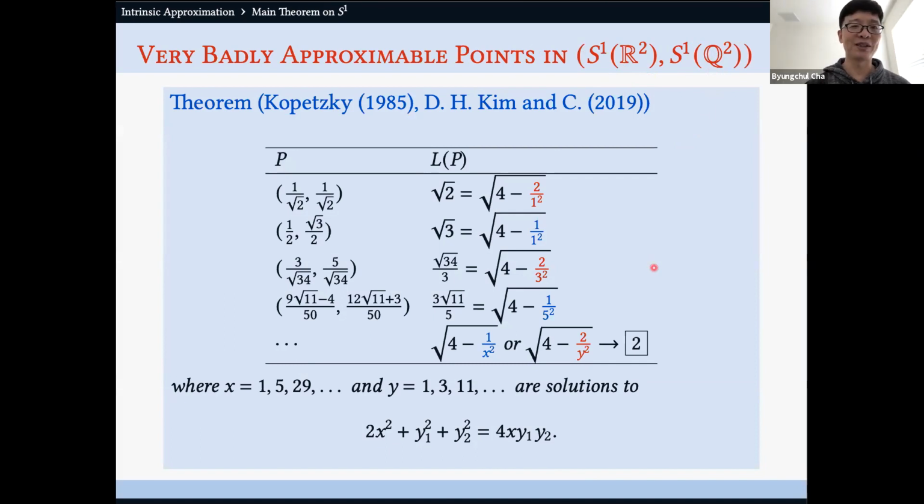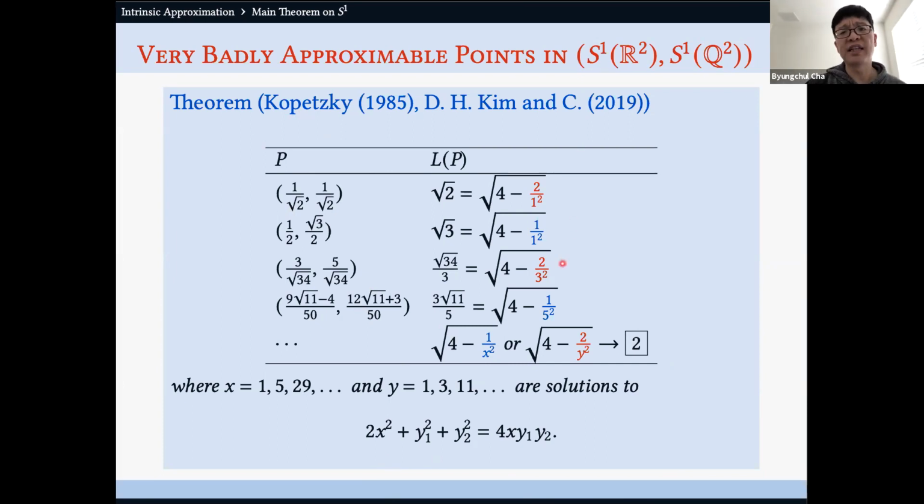Maybe a historical remark: after we posted our paper on arXiv, Nikolai Moshchevitin kindly let us know that there's this paper of Kopetzky, which came out in 1985, which in a little less direct way essentially proved similar results as ours. That's why I put both names up here. Certainly Kopetzky's proof relies on a different kind of method, and our method is probably a little more direct.